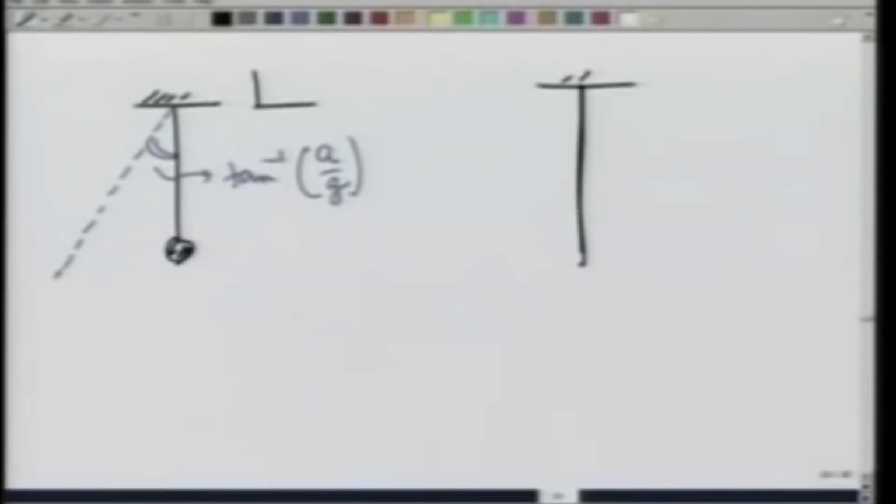Recall what happens if I have a pendulum from the equilibrium position. If it is raised by an angle theta to one side, what happens when it swings back? It swings exactly by the same angle to the other side.